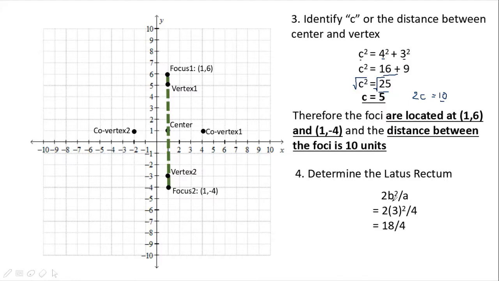We substitute b is 3 and a is 4. So 2 times 3 squared over 4. 3 squared is 9, times 2 is 18, divided by 4. Simplify, 18 over 4 is 4.5. So the latus rectum is 4.5.